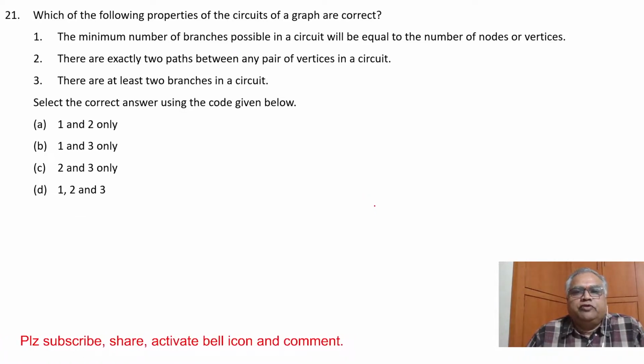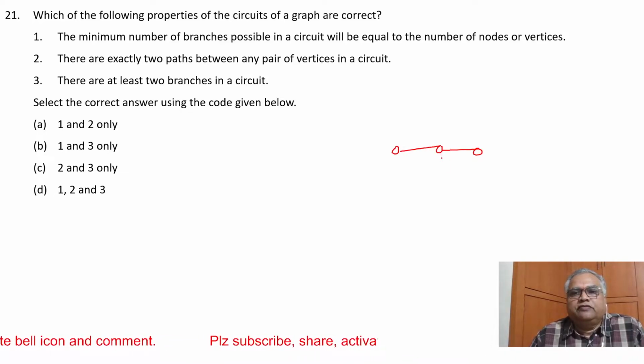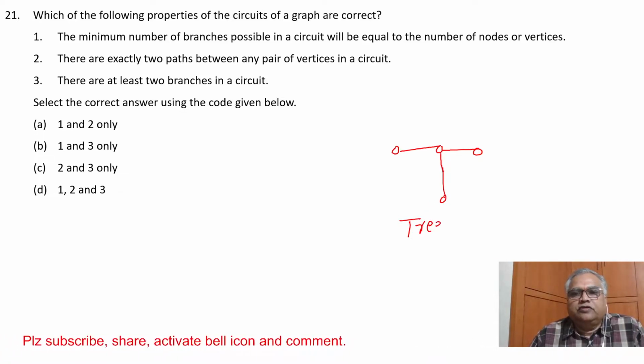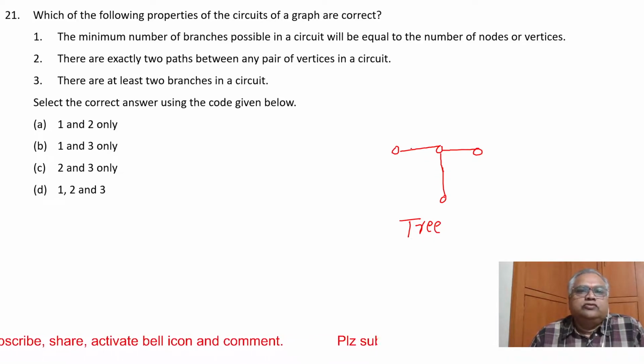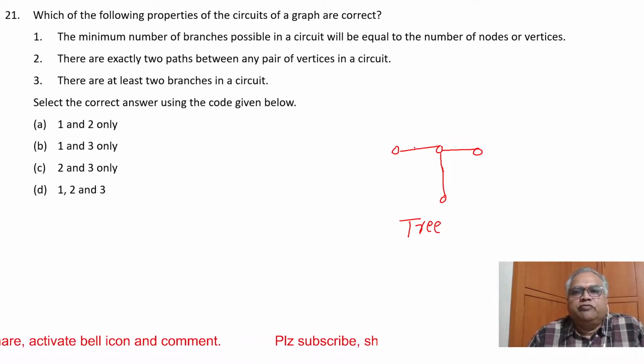So minimum number of branches. Any tree, if you take it, is the standard tree. This is the tree. So first statement is minimum number of branches, 1, 2, 3, in a circuit will be equal to number of nodes and vertices.